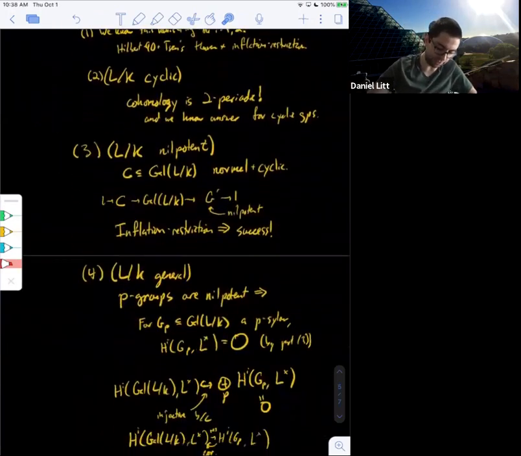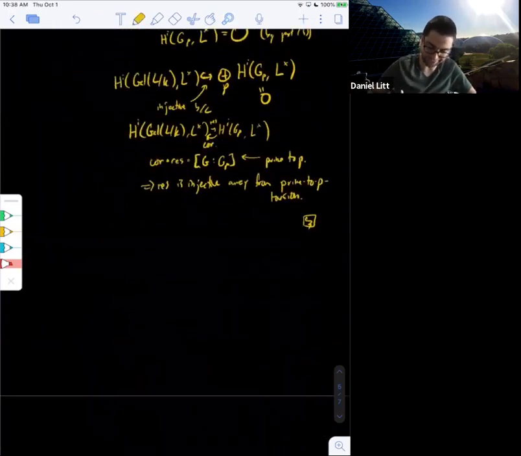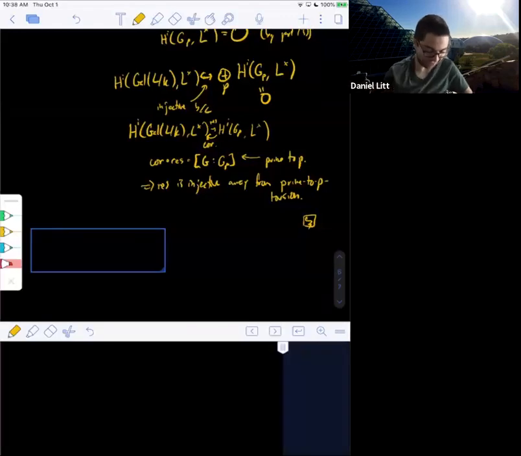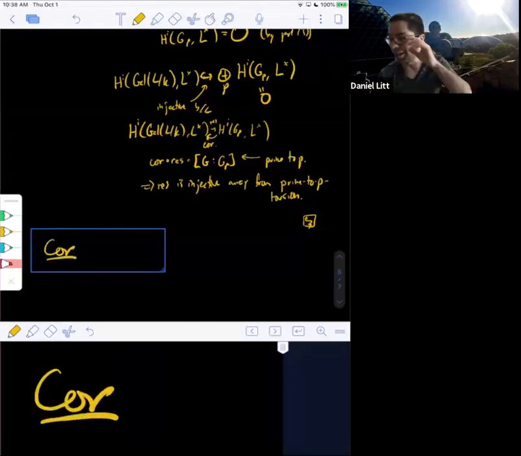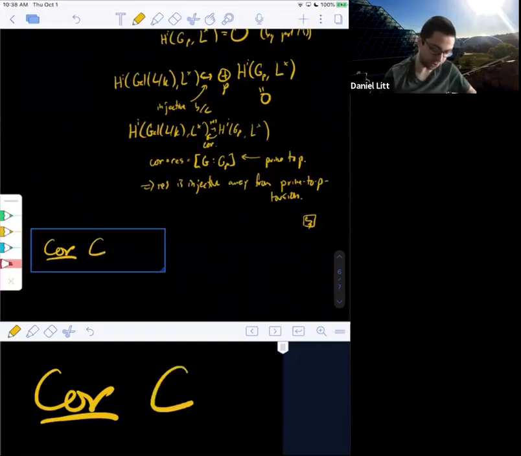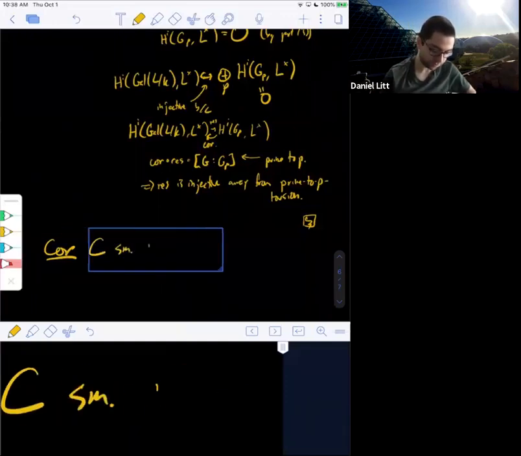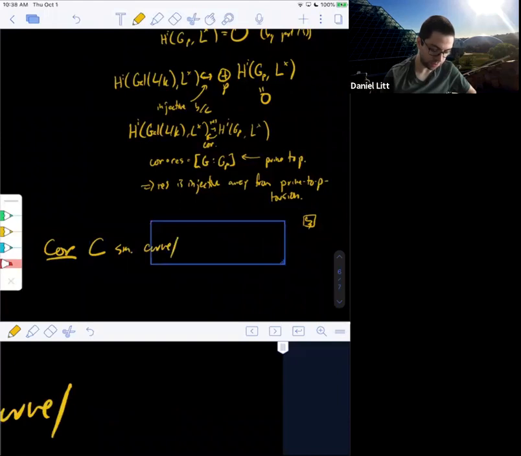All right, so let's get back to étale cohomology now. So that was a long digression, but we've won a lot from it. So now remember, C is a smooth curve over an algebraically closed field.